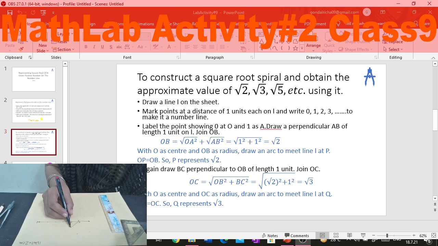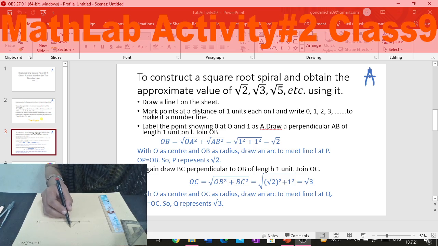So OB square will be equal to the sum of OA square and AB square. Here OA we have taken 1 unit and AB is also 1 unit. So the value of OB is equal to square root of 2.